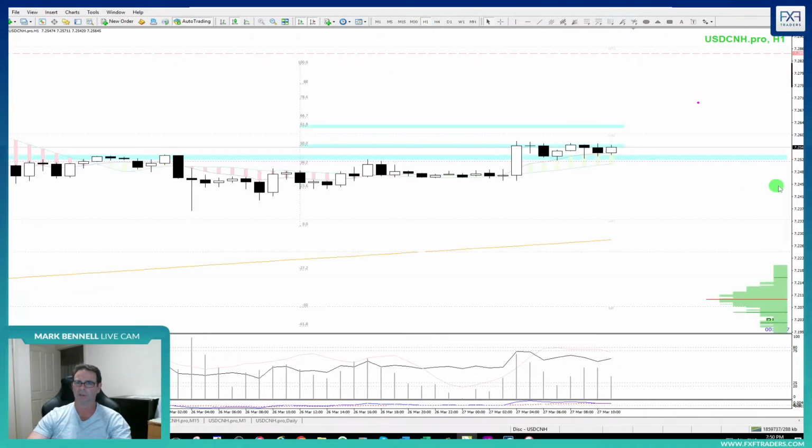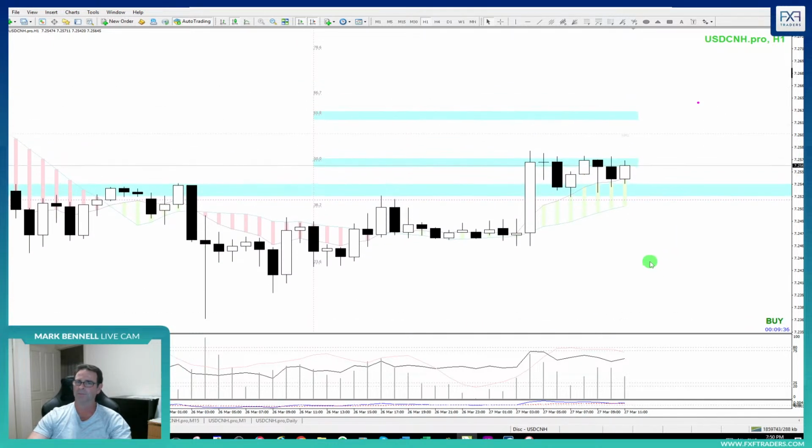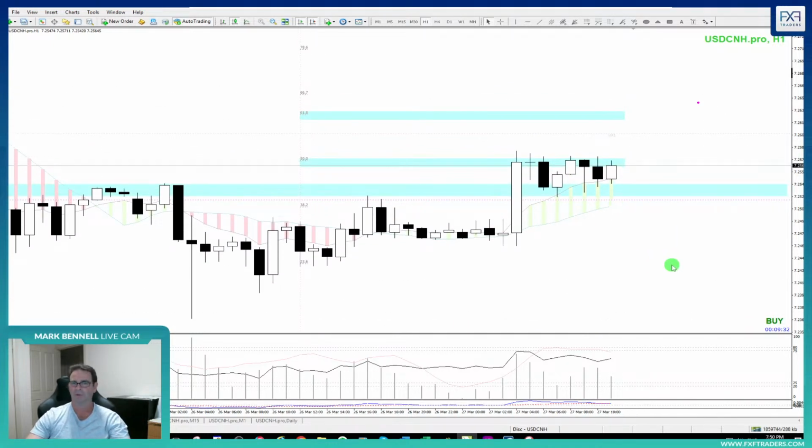Let's have a look at the 60-minute. Oh, look, beautiful little consolidation. What's not to like? Look, holding that bar, holding well and truly above 50%. It's got potential.